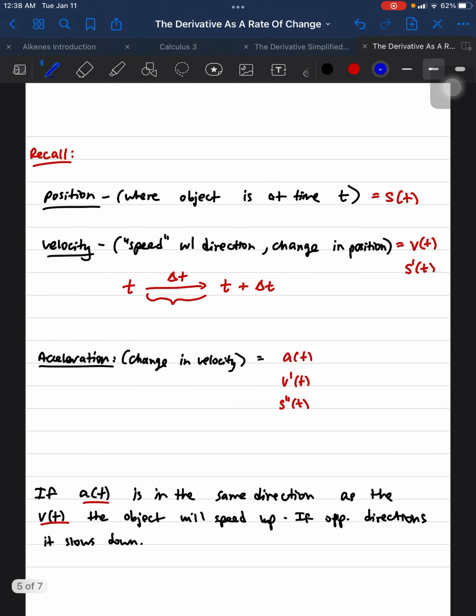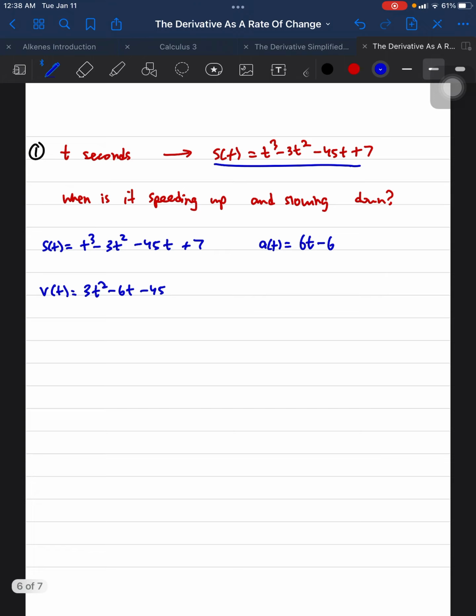Now, as we said before, we need to determine where the velocity function and the acceleration function have the same signs in order to determine where it's speeding up, and where they have different signs in order to determine where it's slowing down.